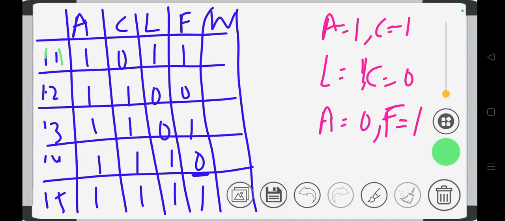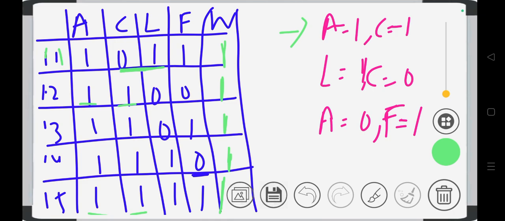L1 C0, yes, this is satisfying. Then number 12, A1 C1, yes, first one only satisfies. Then 13, again A1 C1 is correct. See, the first parameter only goes correct. Again A1 C1 is correct. So in this way all these are marked as correct, like all the output will be yes.